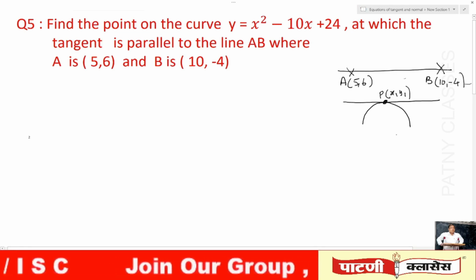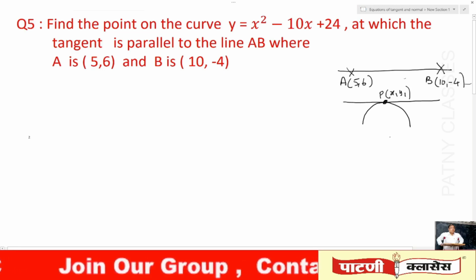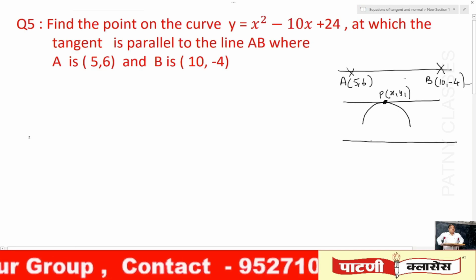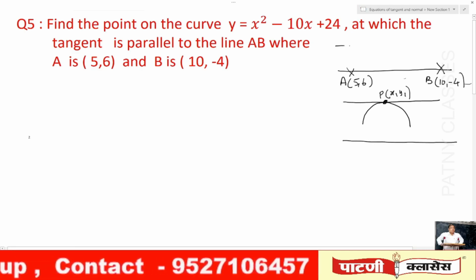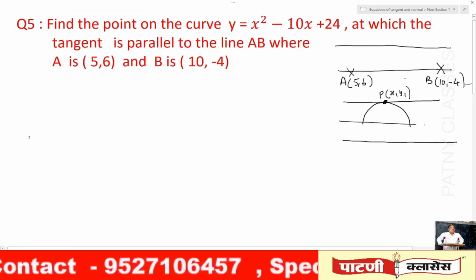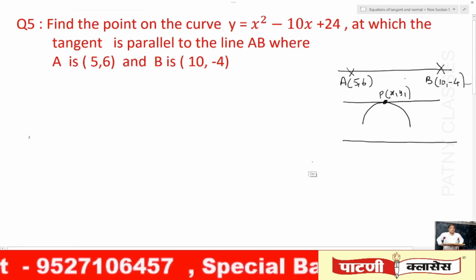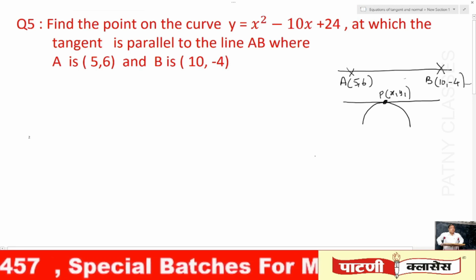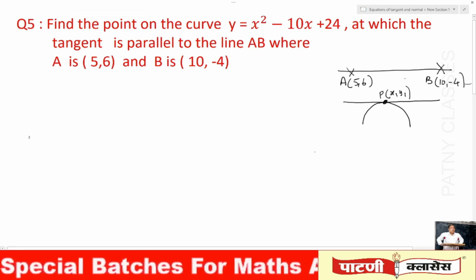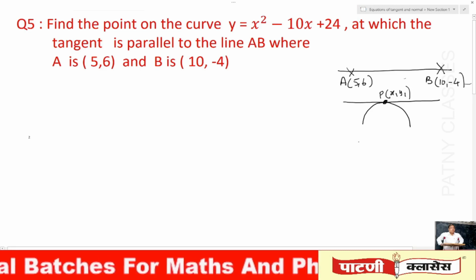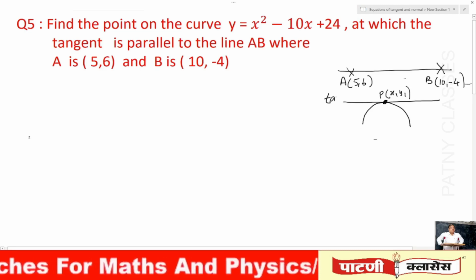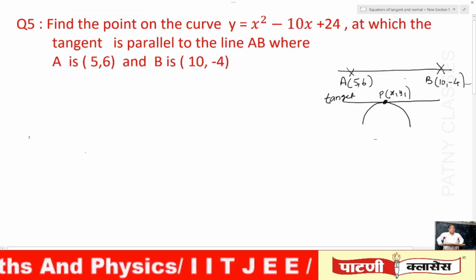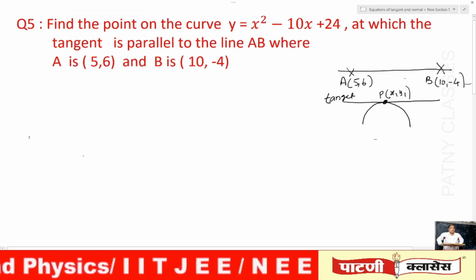Students will ask me where to draw line AB. You can draw it here, here or here. We don't know exactly where the line is, so we don't bother, but it has to be parallel to the tangent. Now we need to find this point P, x1, y1. That is our aim. So how to do that?